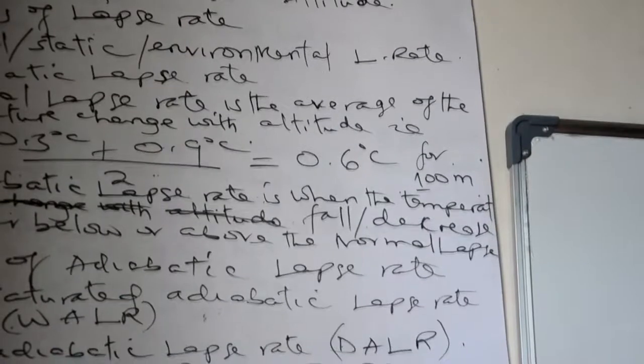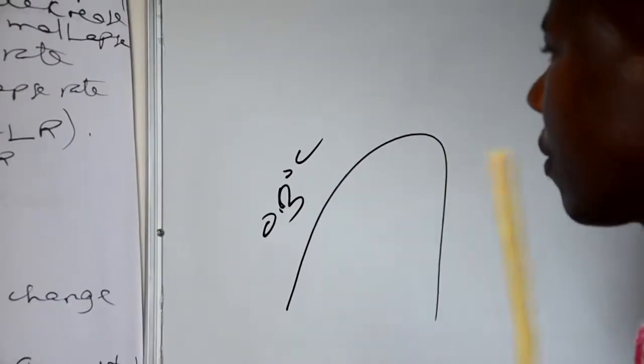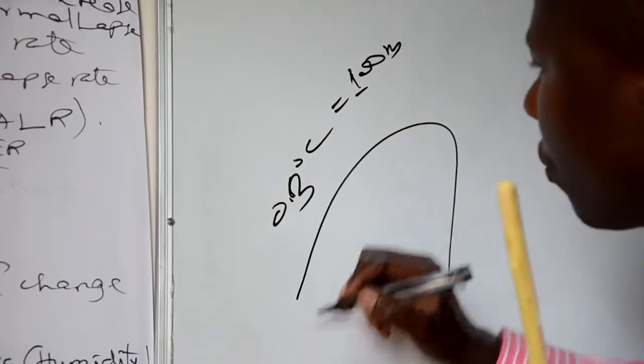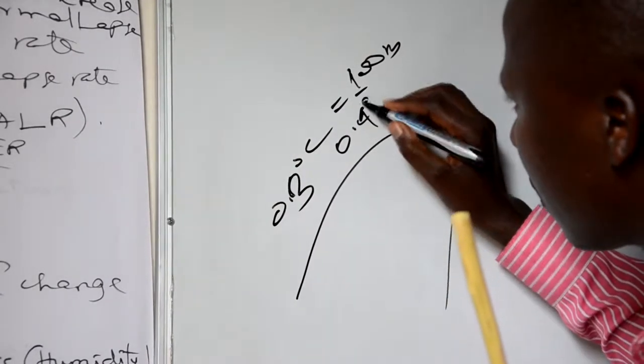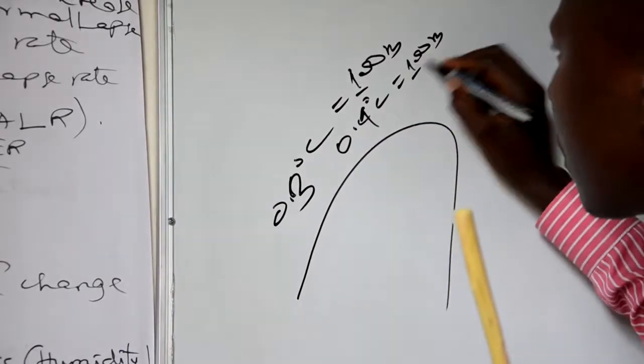The lapse rate is not constant over the surface. It varies. It can be 0.3 degrees centigrade per 100 meters, or can be 0.9 degrees centigrade per 100 meters.